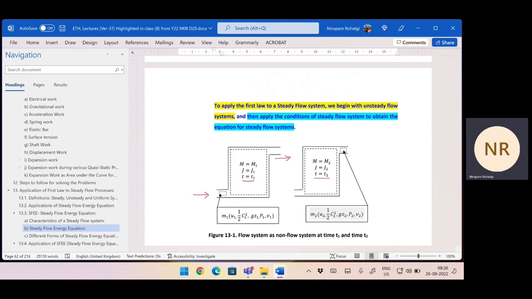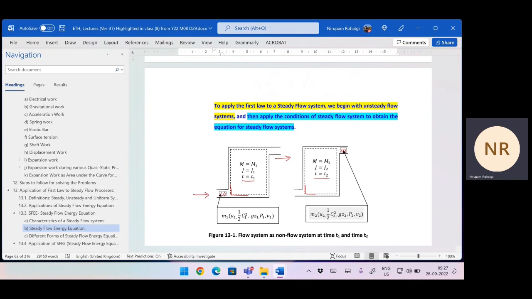On the left side, there are two systems: one is the main system given by this boundary, and one is this small system. When you go to the right side, after some time, this is the main system and this is the system which has come out from that. So basically there are three elements.